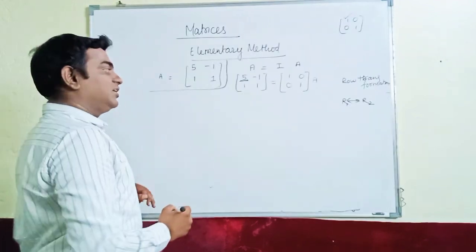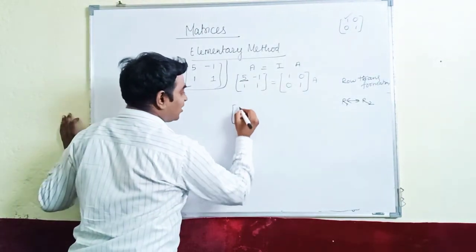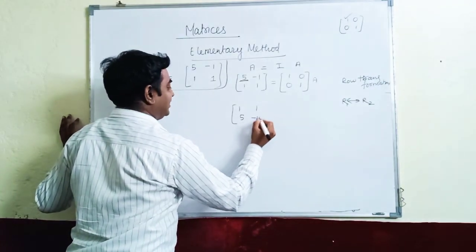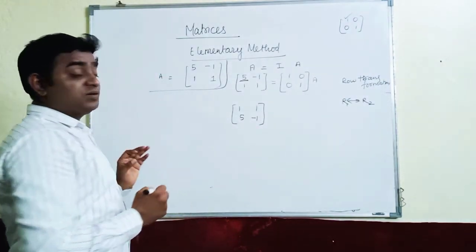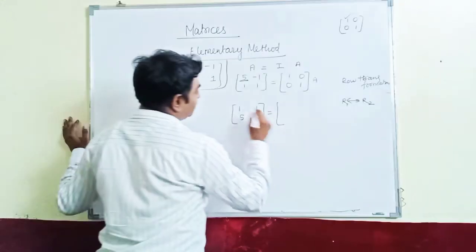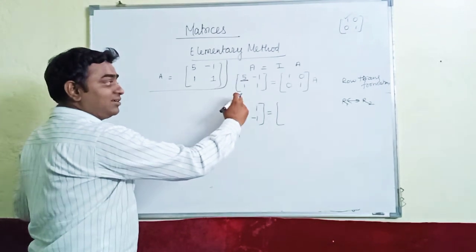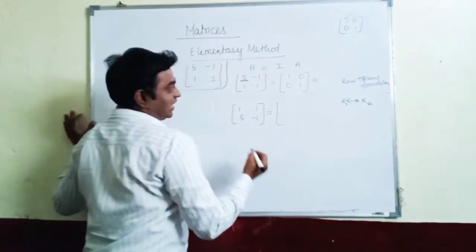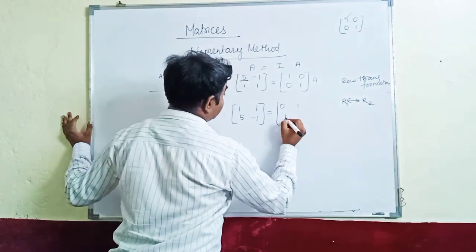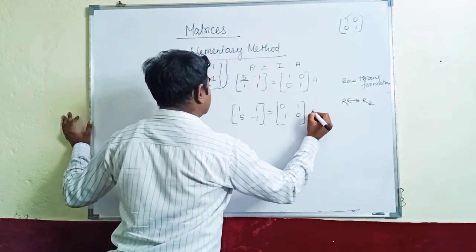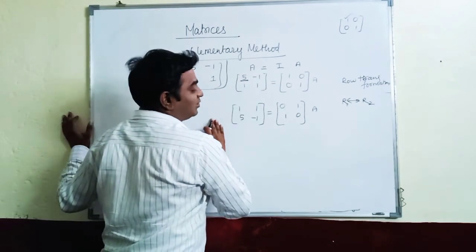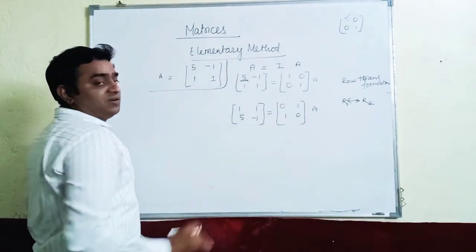When you interchange them, this will become 1, 1, 5, minus 1. Be careful that when you interchange the values here, the values in place of I also get changed. It need not change by itself, but because you are changing this value, it will change here too.